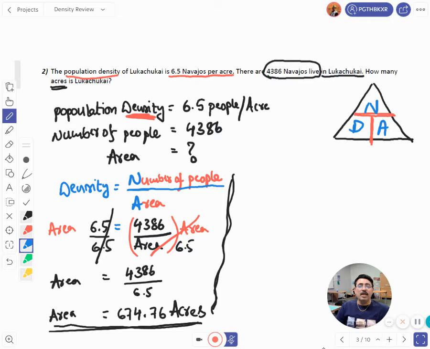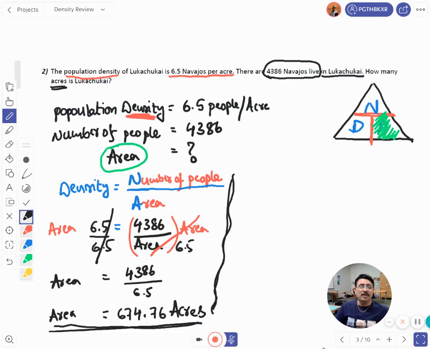So if you are trying to figure out what the area is, you may use your thumb to close it, or write the triangle on a piece of paper and close it using your fingers. I'm trying to find area. If you close this one, you see that n over d, right?